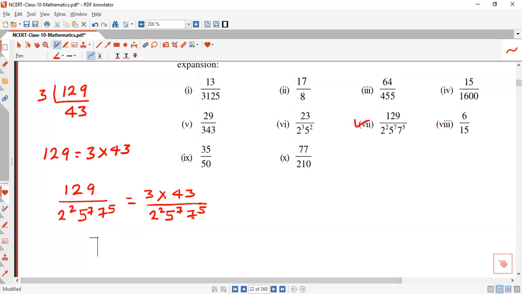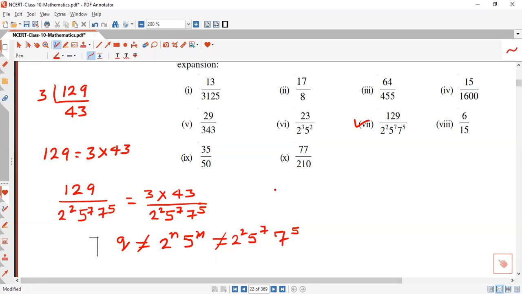See, the denominator q is not in the form of 2 raised to n, 5 raised to m. So here the denominator q is not in that form. So q is not equal to 2 squared, 5 raised to 7, 7 raised to 5.